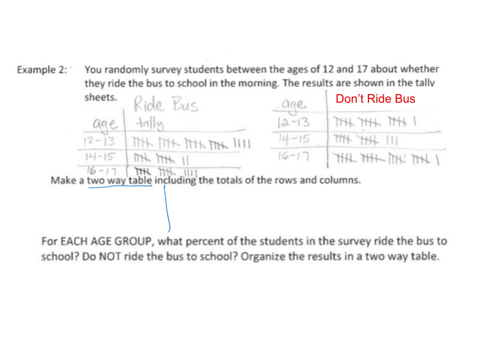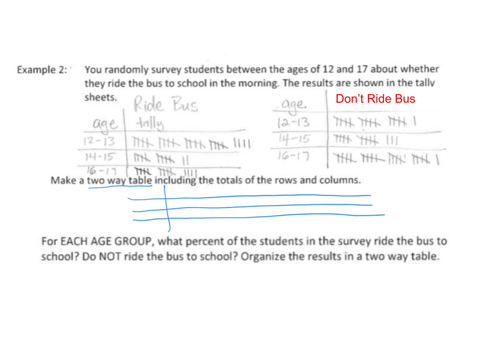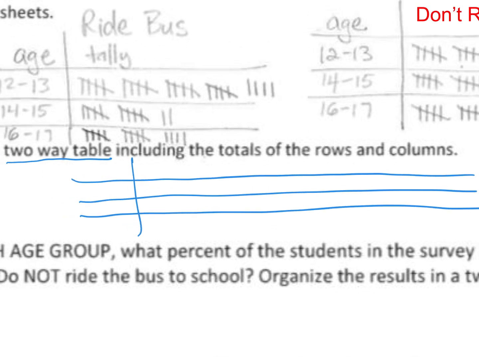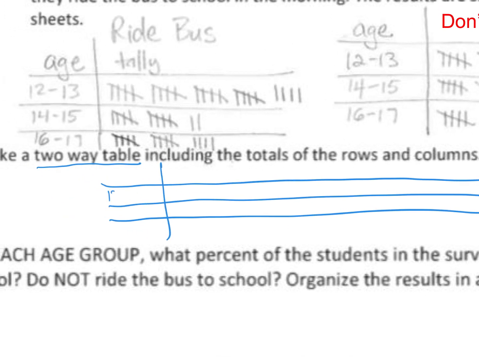So we are going to have 12 to 13, 14 to 15, and then 16 to 17. And we also need our total, the marginal frequency. That's the totals.